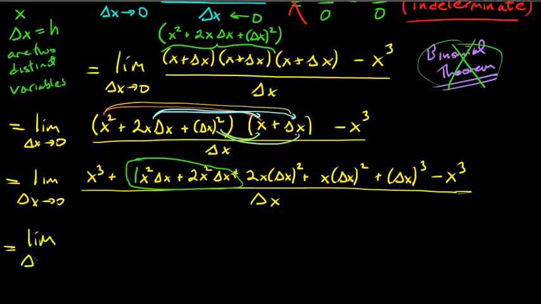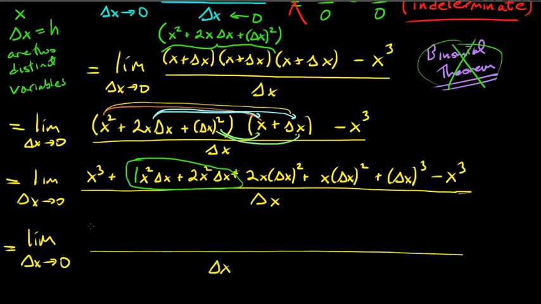Right, so still write the limit. We didn't take the limit yet. That comes much later. Okay, we still have x cubed in front, and now 1x squared delta x plus 2x squared delta x is 3x squared delta x. And it turns out that these two expressions here are also like terms.